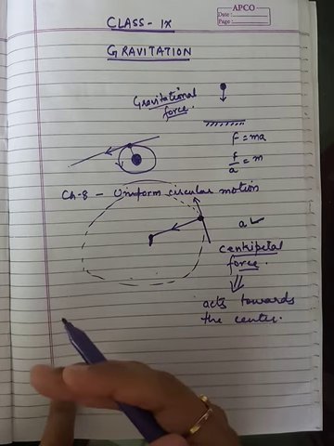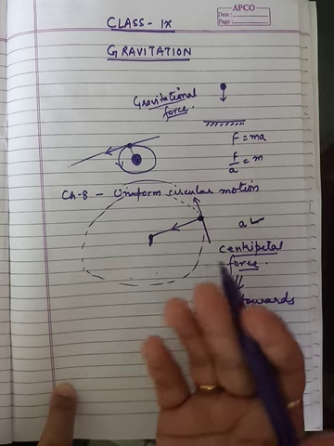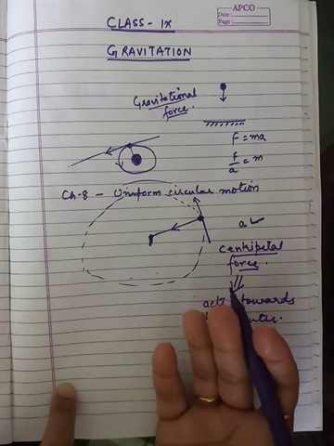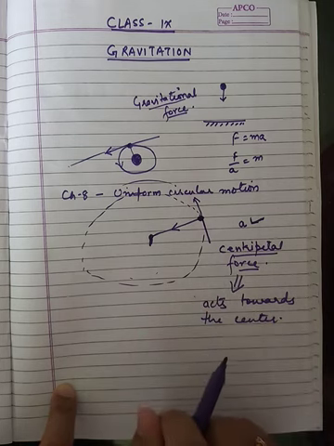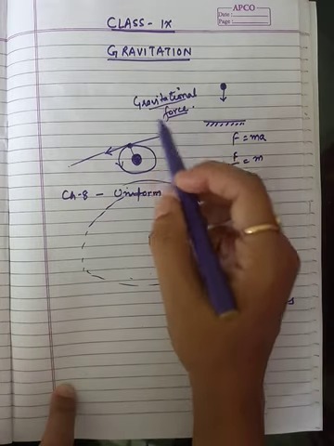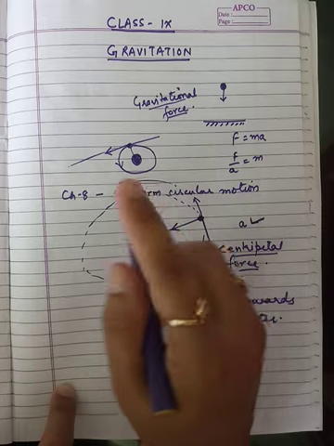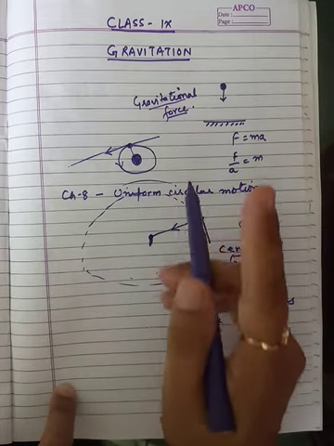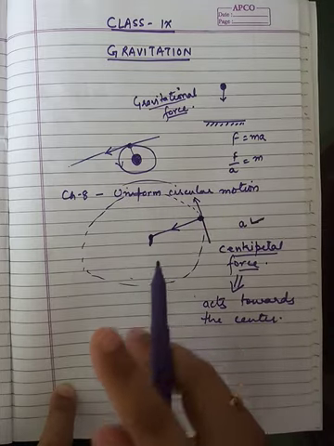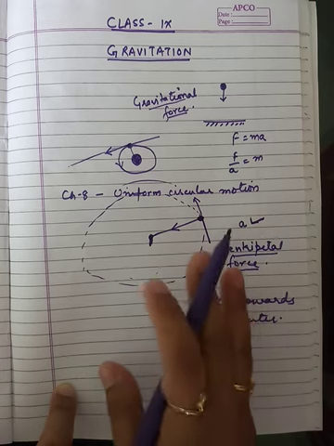So for that he has given a law that is known as the universal law of gravitation. That gravitational force is not only for the earth or for any other planet or for the moon. It is now for every object in this universe, not just this world.